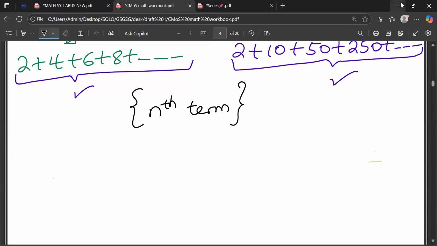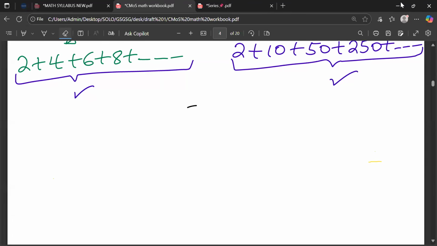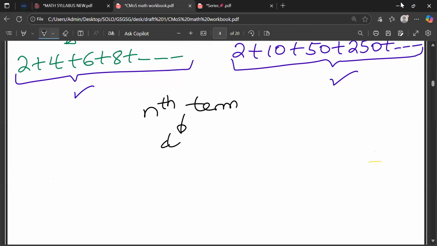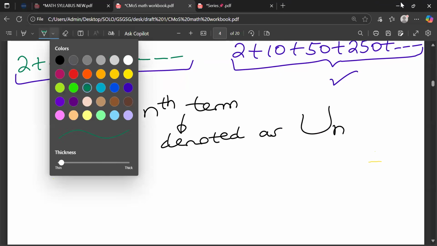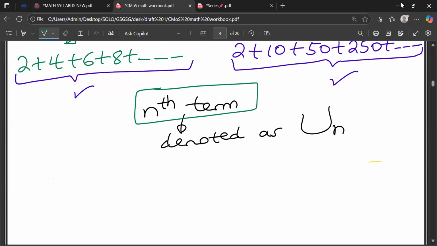Nth term is usually denoted as U, which is capital, and n, which is a subscript. But I have said I don't want to give you a hard time right now. We shall make it clear with time. But just digest that. When they say nth term, capital U, and then this small n. Hope you don't forget that.